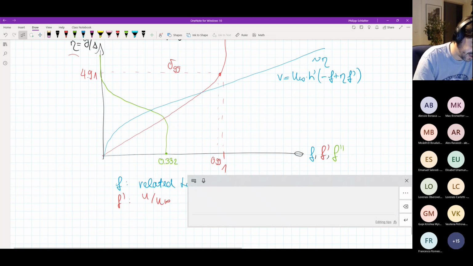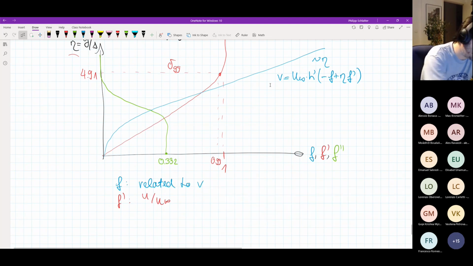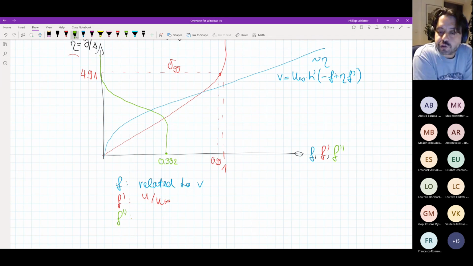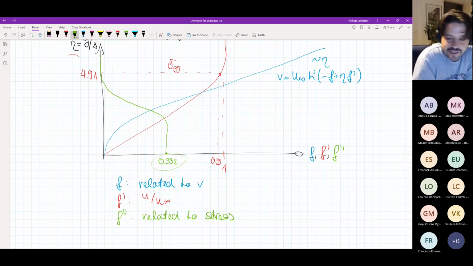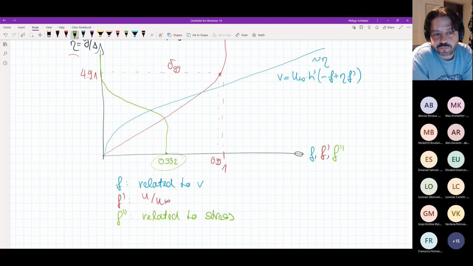And the green line, f double prime, is related to the derivative of u, which means that it will be related to the stress. Now you can realize why this value here is important, because it corresponds to the wall shear stress. This 0.332 will come back when we calculate CF, the friction coefficient at the wall, but that is something we do next time.